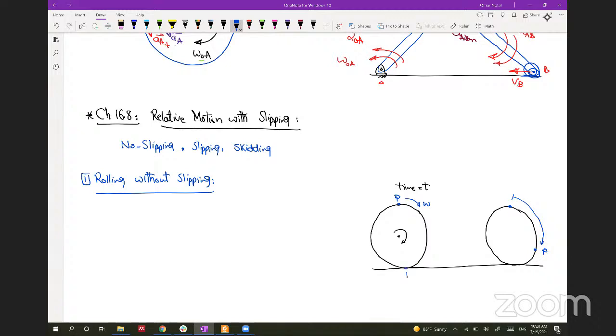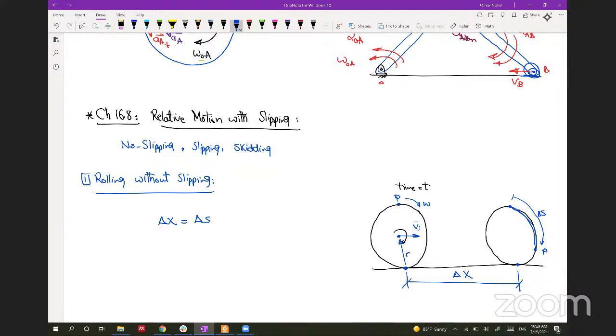So if there's no slipping, the distance from this point to this point, let's call it delta x, should be equal to this distance s. So delta x will be equal to delta s. If I want to get delta x, I know that the center of this wheel is moving with a certain velocity v, and I can get v by multiplying by r.